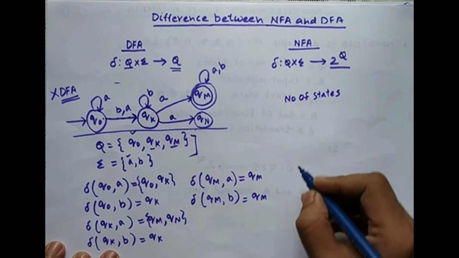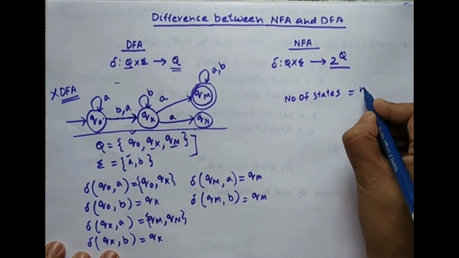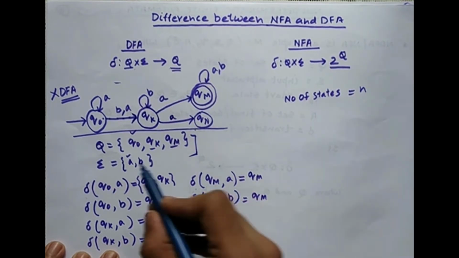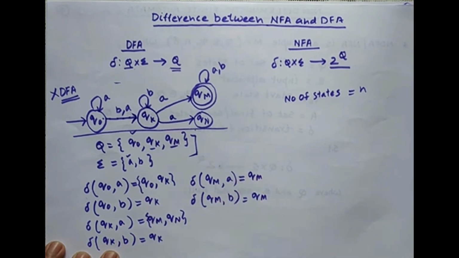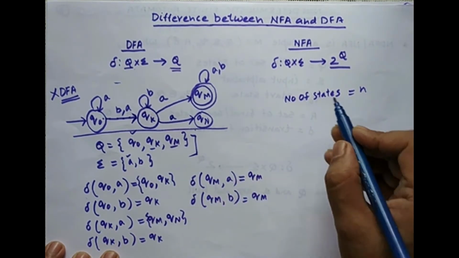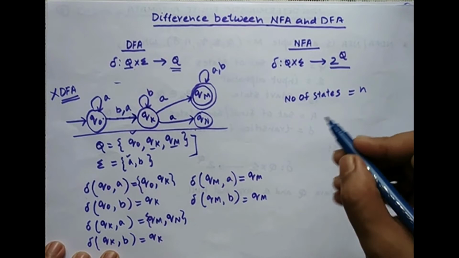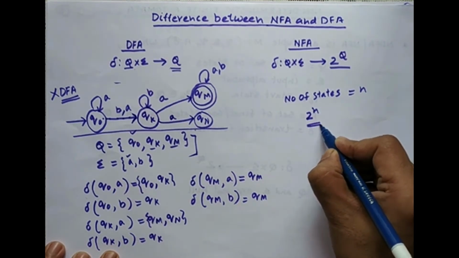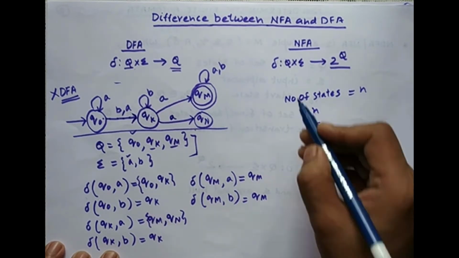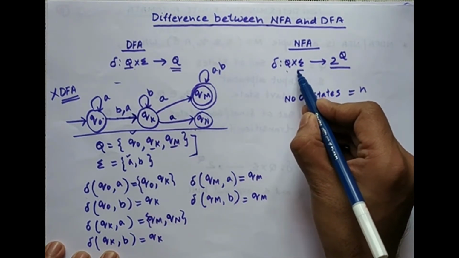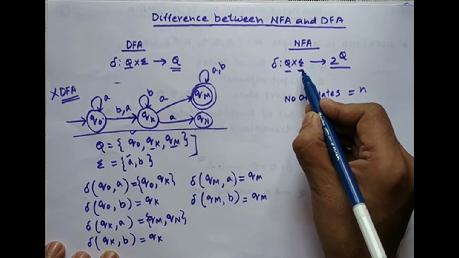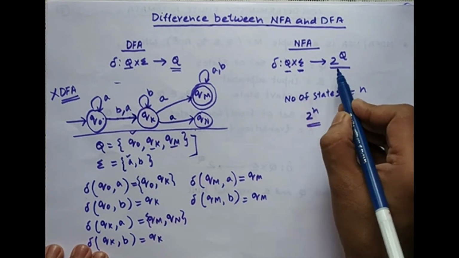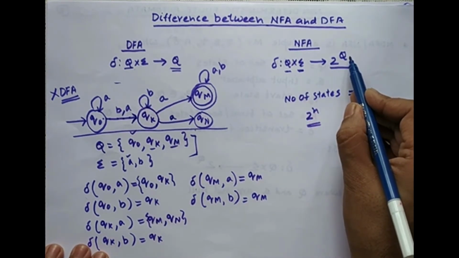So suppose Q contains a total of n states, then the number of transitions that can happen will definitely be at most 2 raised to n. Which means that from any state on reading any input, an NFA can make a transition not to one unique state but to 2 raised to Q possible other states.